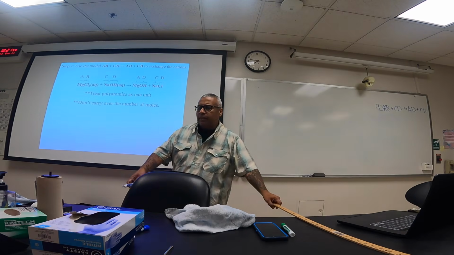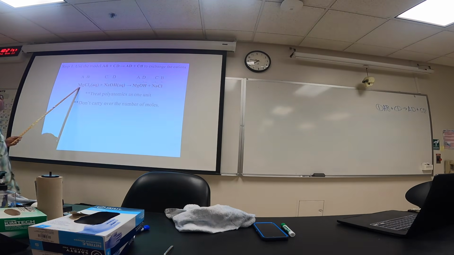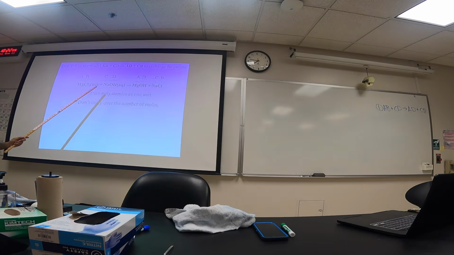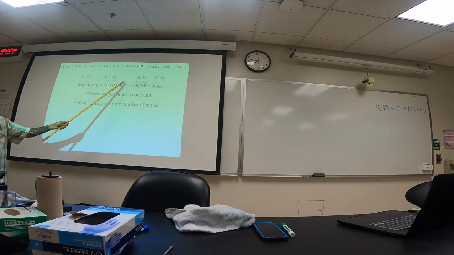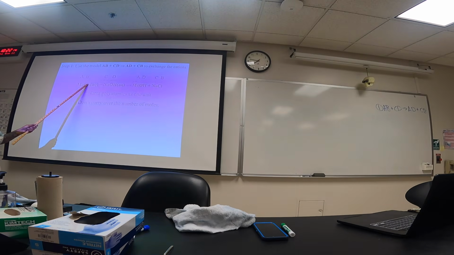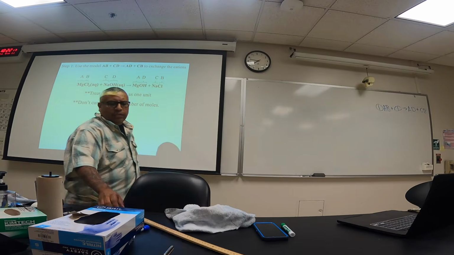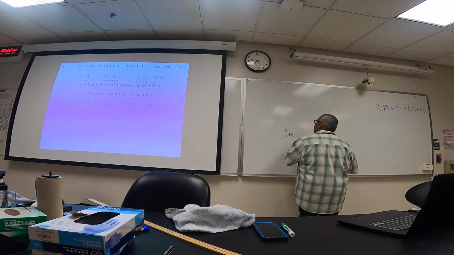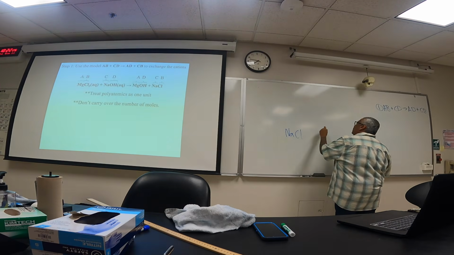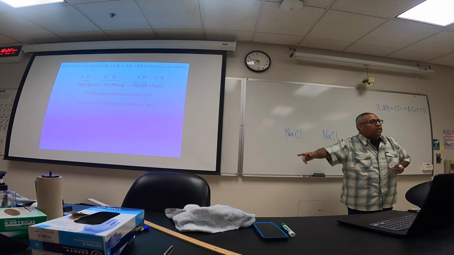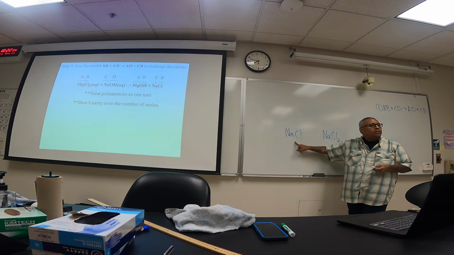So I've identified these here for us: the magnesium is going to be A, the chloride is going to be B, the sodium is C, and the hydroxide is D. When we put A and D together, we get magnesium hydroxide. When we put C and B together, sodium chloride. And students say, well, Alex, why did you write this, but you didn't write this? Because clearly there's 2 on the other side, and if I do this, I only have 1.